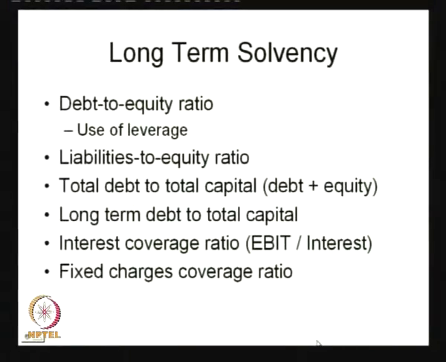Next we have the total debt to total capital. It is the same thing as the debt to equity ratio, but here instead of saying debt to equity, we say debt to total capital.